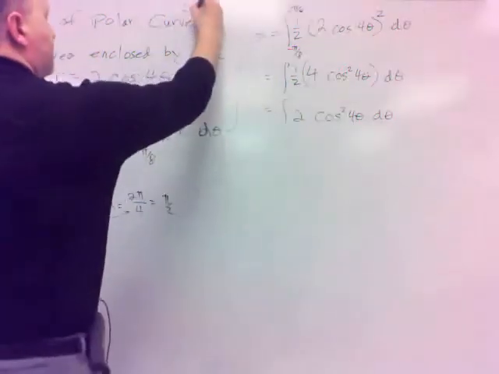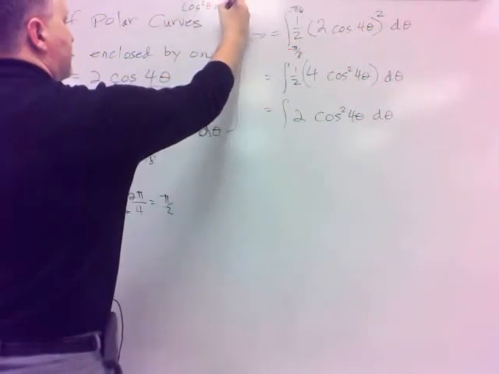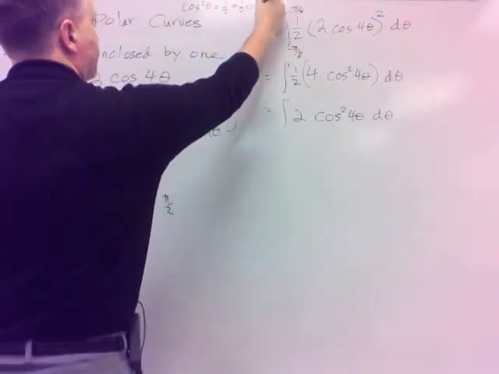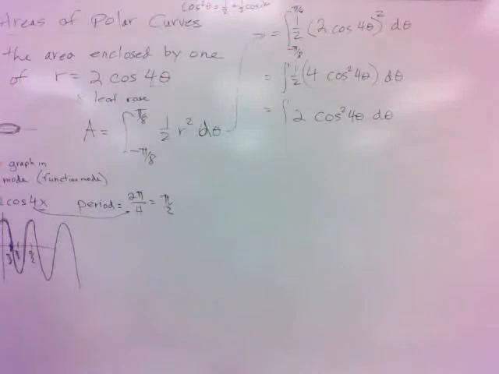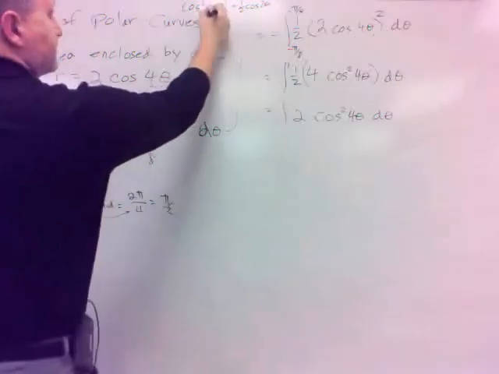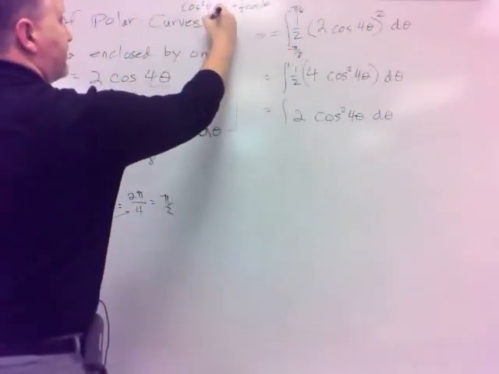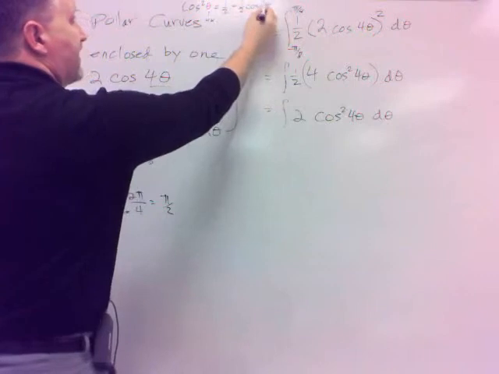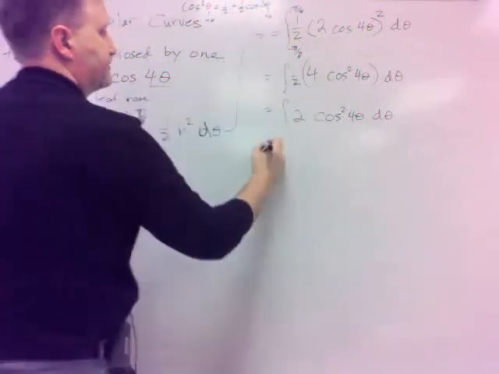Cosine squared theta equals 1/2 plus 1/2 cosine 2 theta. Well, I don't have cosine squared theta, I've got cosine squared 4 theta. That just means do 4 theta instead of theta. So it's 1/2 plus 1/2, 8 theta?